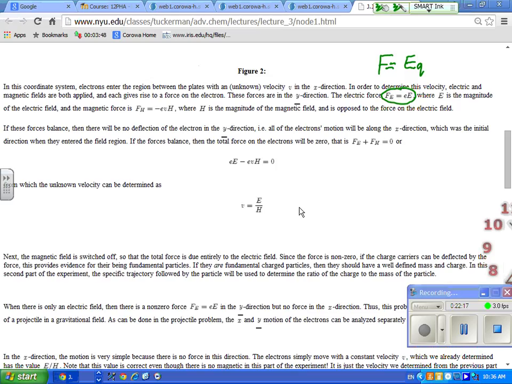Where E is the magnitude of the electric field and the magnetic force is FH. Now notice H, in this case, is his symbol for the magnetic field, which would be the B. So where it is written FH equals EVH, we can rewrite that as FB equals Q, V, B. That symbol there is our V, that e is a Q, and that H is a B.